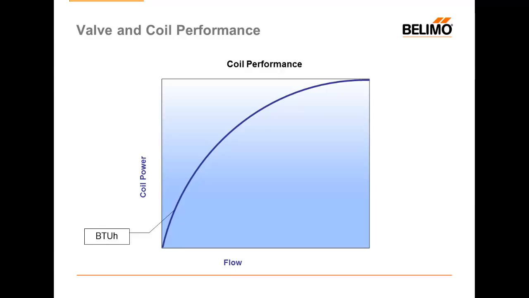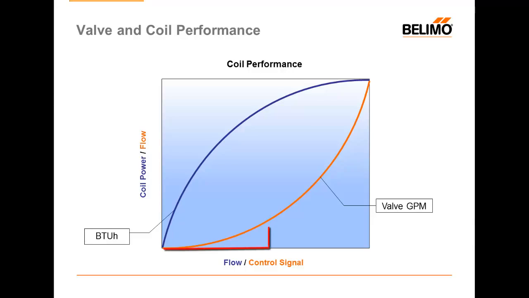So a valve is designed to behave equal and opposite from the way a coil might behave. Valves will open very slowly, whereas the coil operates very quickly at low flows. This is in place so that if I trace out my valve being only halfway open, I may only generate 20 to 25% of my flow.